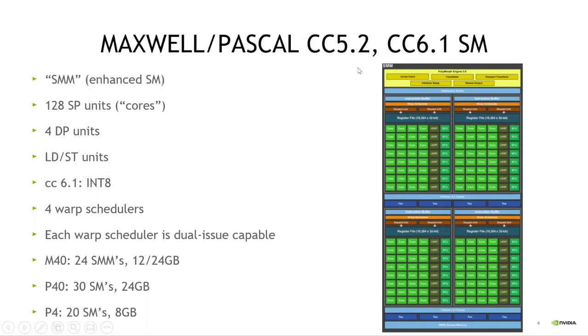we observe, for example, with this other member of the Pascal family, CC 6.1, instead of having a 2 to 1 ratio or a 1 to 2 ratio of DP to SP units, we have the 1 to 32 or 32 to 1 in the other way. And so these processors, CC 5.2 and CC 6.0, are processors that would be very commonly found in GeForce family variants.